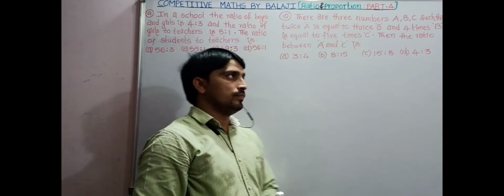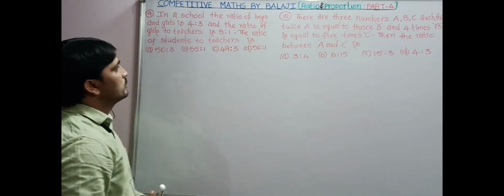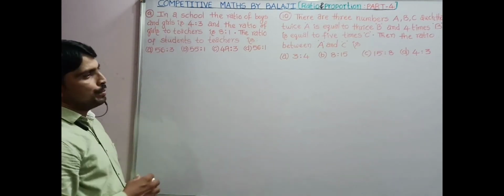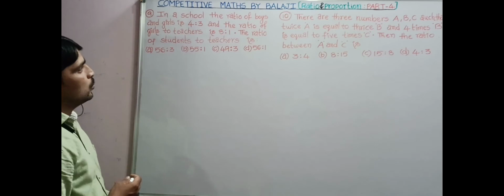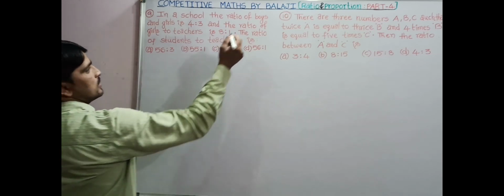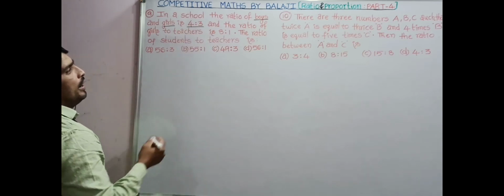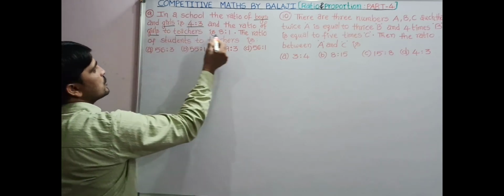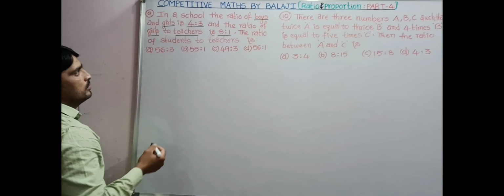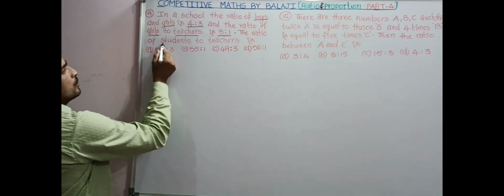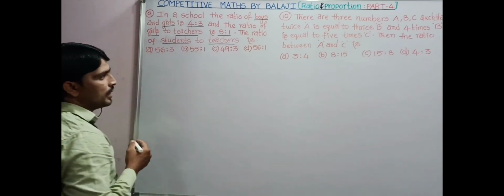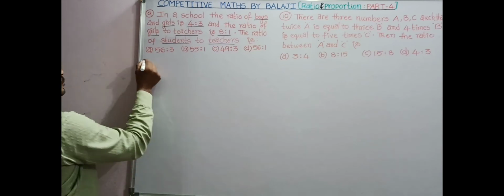Next question, 9th one. Last two questions of part 4. In a school, the ratio of boys and girls is 4:3, and the ratio of girls to teachers is 8:1. Then the ratio of students to teachers is? Solution.